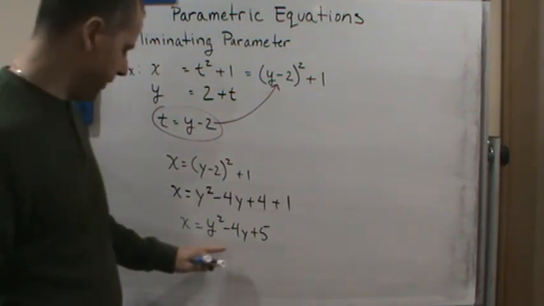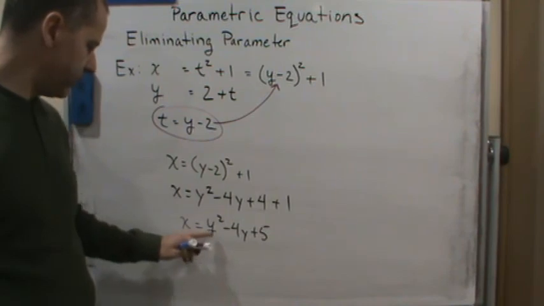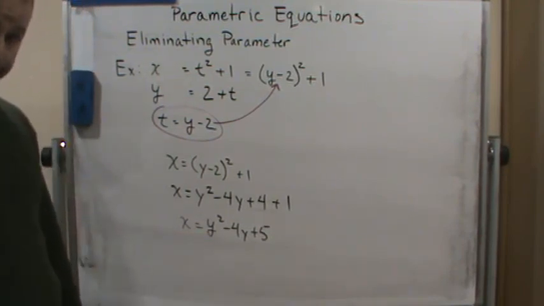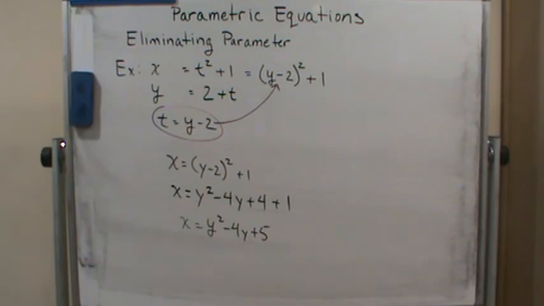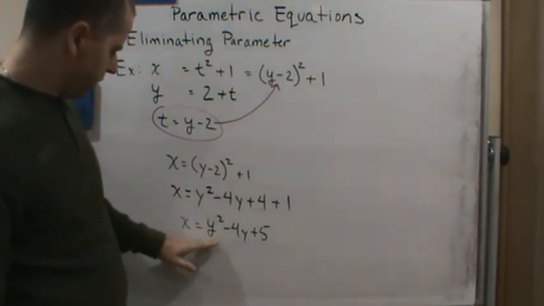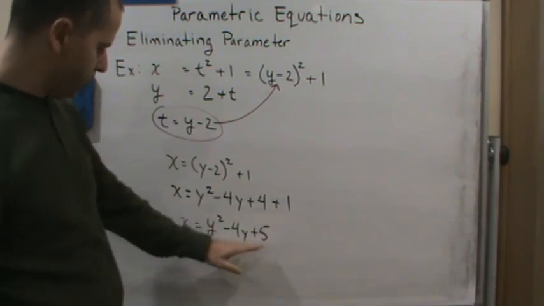Since this is a quadratic in terms of y, you can probably see that this is going to be a sideways parabola. If you look at it that way, then it becomes easy to graph. Like I said, it's just a parabola in y. It's a quadratic equation of y.